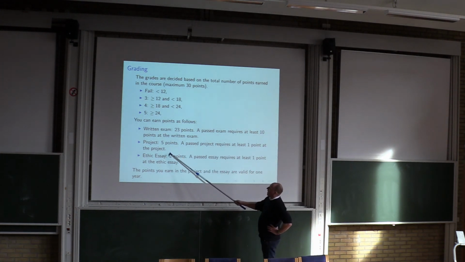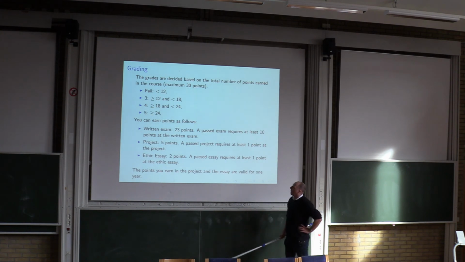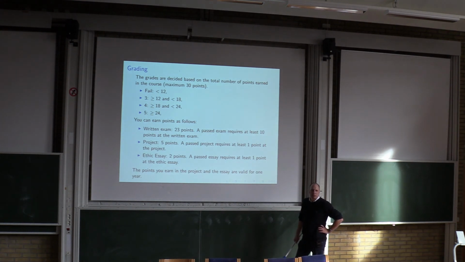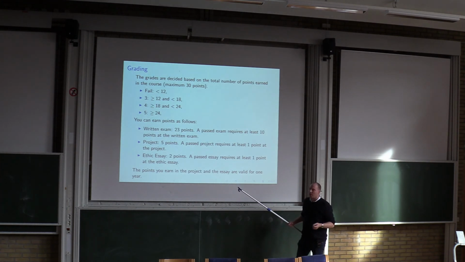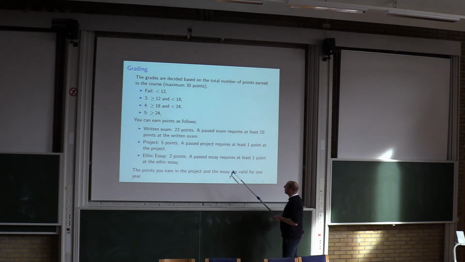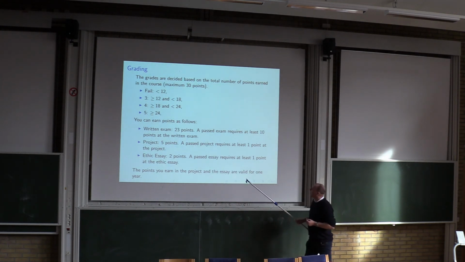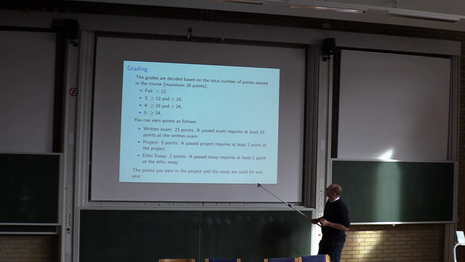And on top of that, you can earn 5 points for the project. You need at least 1 point to pass the project. But if you don't do well, if it's too bad, you will fail the project and then you will fail the course. But I hope that will not be the case for anyone here.